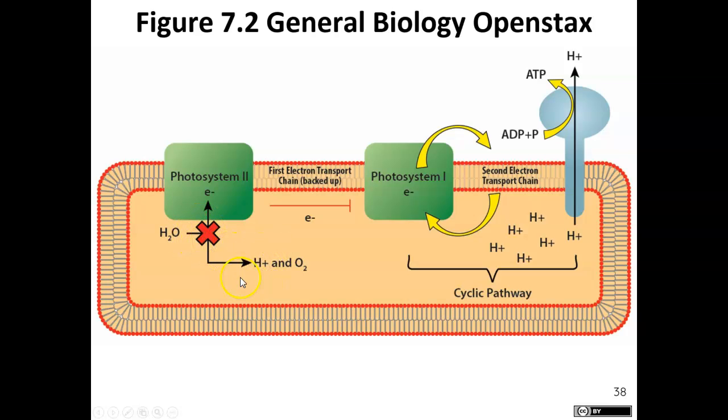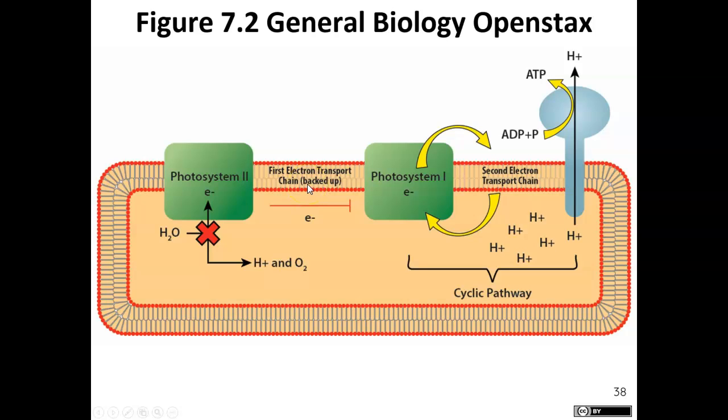The hydrogens then are going to move into an electron transport chain. The electrons are going to move into the photosystem, and they're going to move up in energy. As sunlight energy comes in, the electrons get more and more excited. This is going to cause them to jump into an electron transport chain.